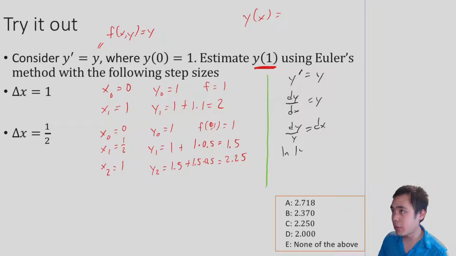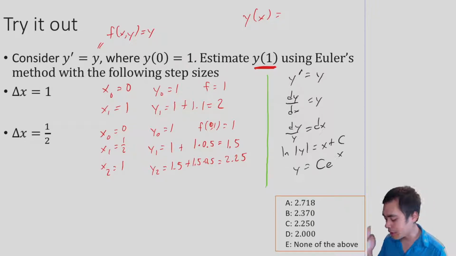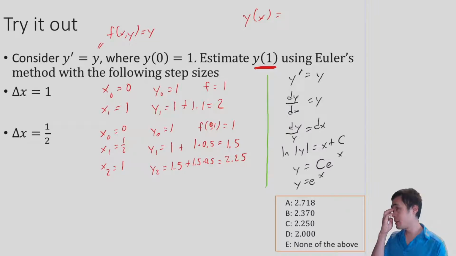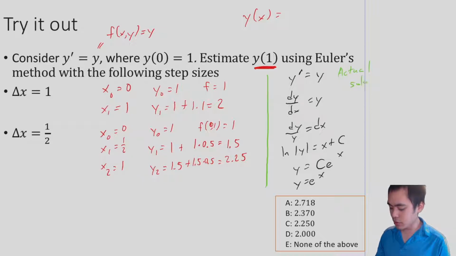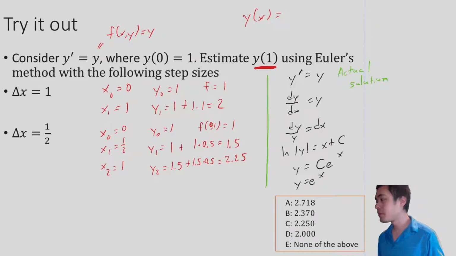Natural log of y is equal to x plus c. And so y is equal to some constant times e to the x. When you plug in y of 0 is equal to 1, you end up getting that y is equal to e to the x. Okay? So this is the actual solution, y is equal to e to the x for this entire function.